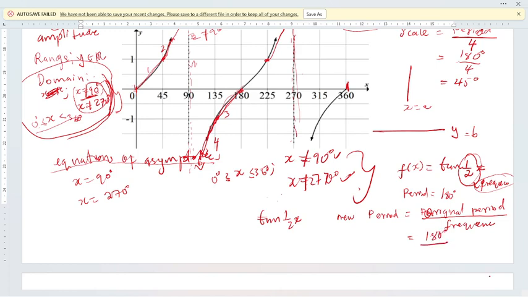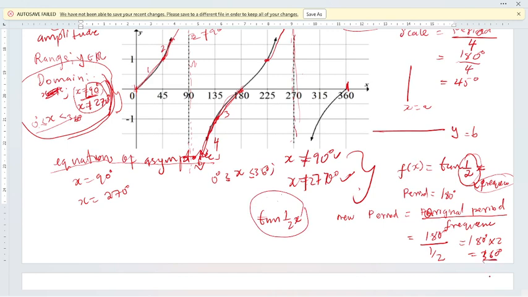What is the frequency here? The number that is next to the angle, 1/2. Now if you press your calculator, 180 degrees divided by 1/2 will be multiplied by 2. That will be 360 degrees. So the period of tan half x is 360 degrees.